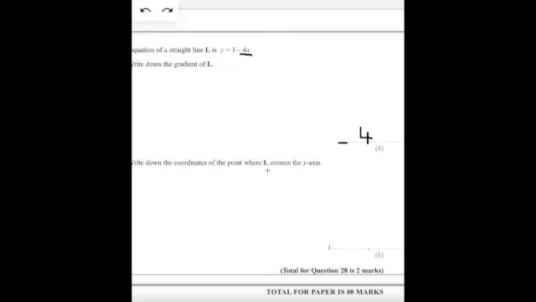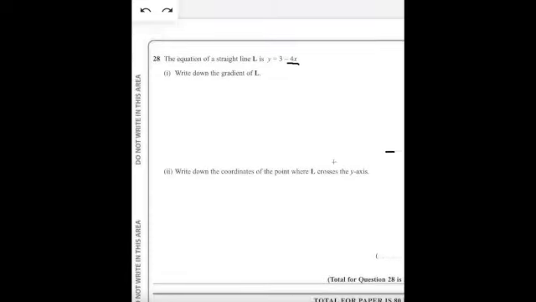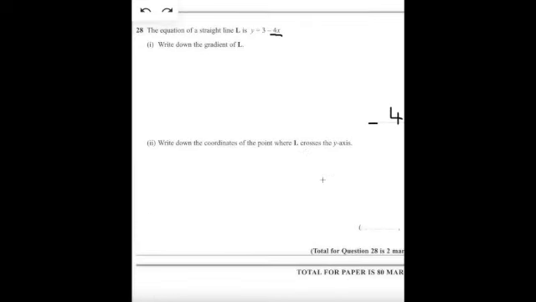The next one is write the coordinates of the point where L crosses the y-axis. I know already that it crosses the y-axis at 0 and 3, and I'll explain why in a second.